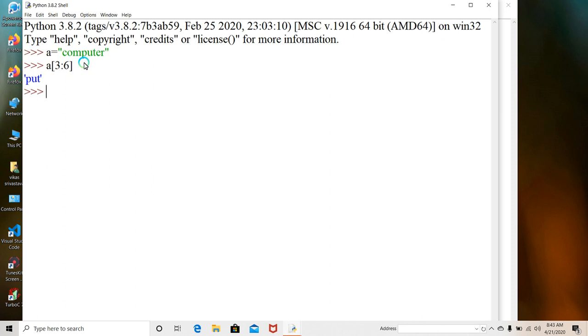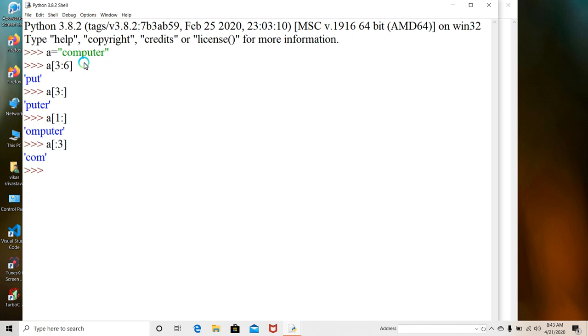So 0 1 2 3 4 and 5, it will return the value "put". Same way, if we want all the values from the third index onwards, we write it like that. If we want all values from the second index onwards, we write it here. Clear?